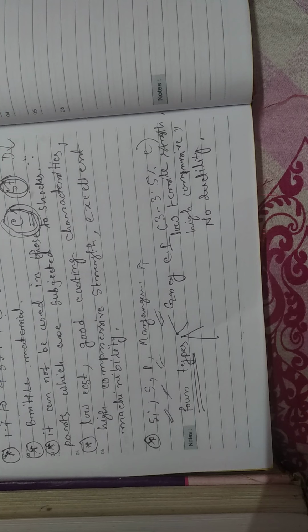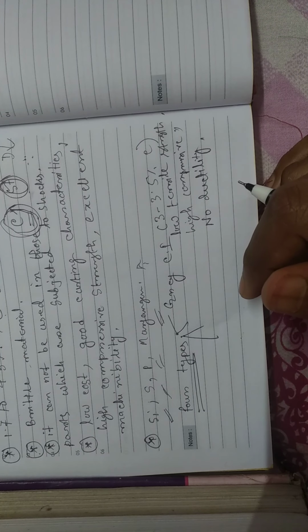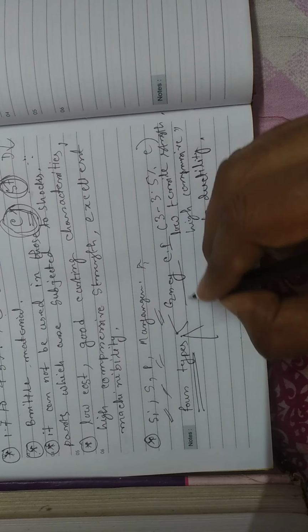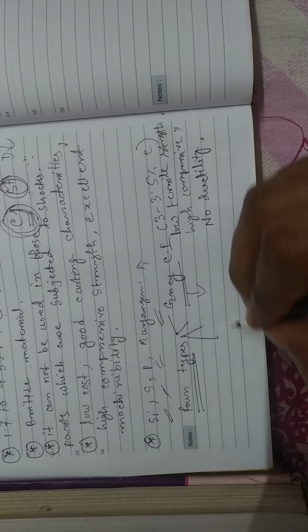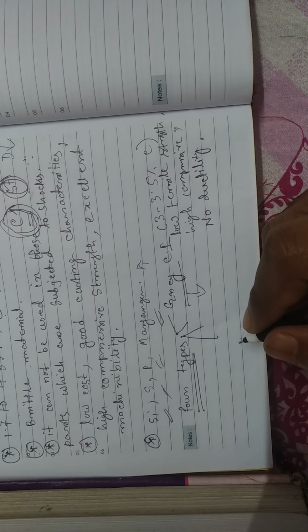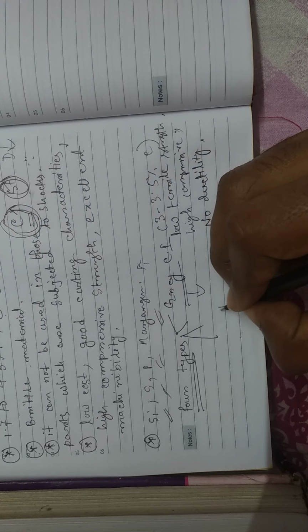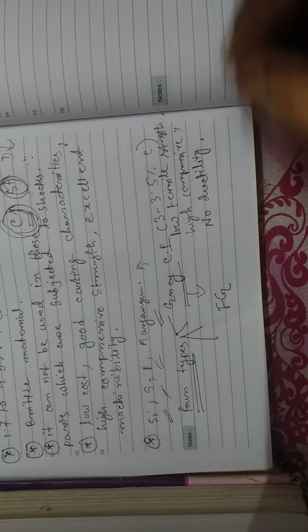According to the Indian Standard, gray cast iron is designated by the capital letters FG.